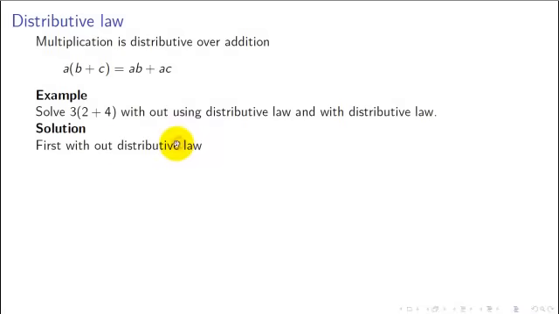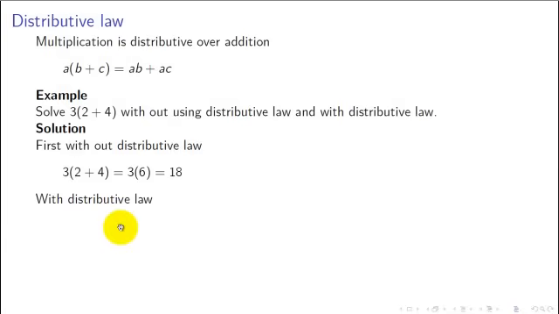Solution. Normally when we solve an expression, we solve the expression which is inside the parenthesis. So inside the parenthesis we have 2 plus 4, which is 6, and then 3 times 6 is 18. So here we have solved this expression without using the distributive law.